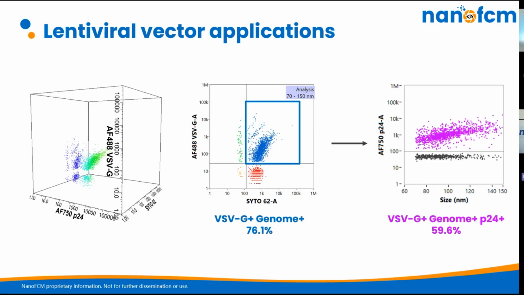We can then gate on P24 positivity, taking that dual positive population, and we found that 59.6% of particles are positive for all three, VSVG, genome, and P24, and this would be equivalent to a viral infectious titer.